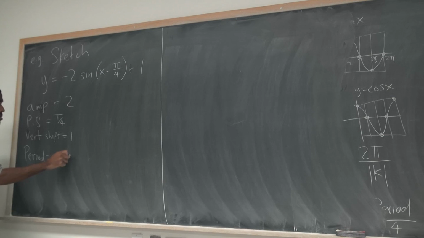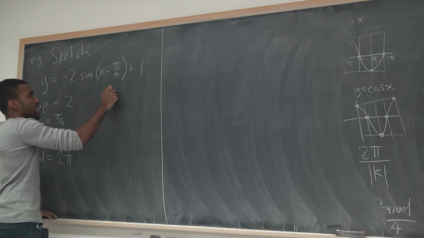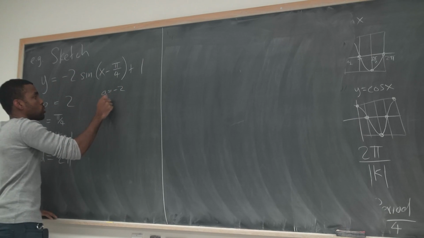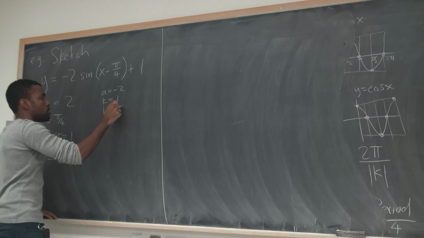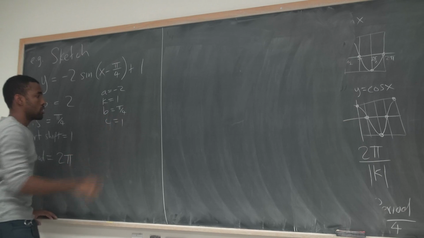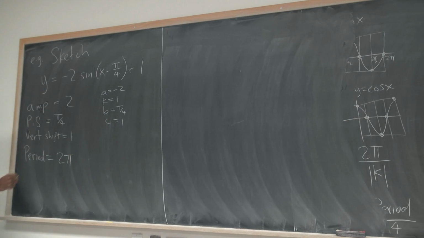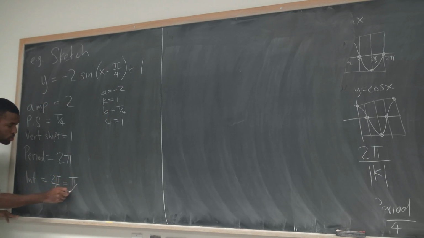It's just 2 pi, right? Because my k is 1 here. So I look at this, I automatically see that a is minus 2, k is 1, b is pi over 4, c is 1, and that gives me all this information. So I know that the interval here is just going to be 2 pi over 4, which is pi over 2, which makes sense. That didn't stretch it at all.